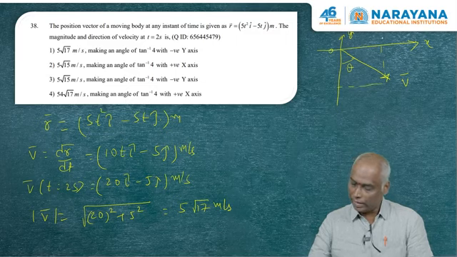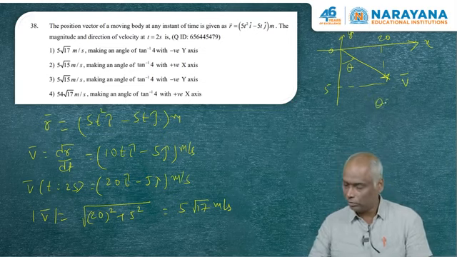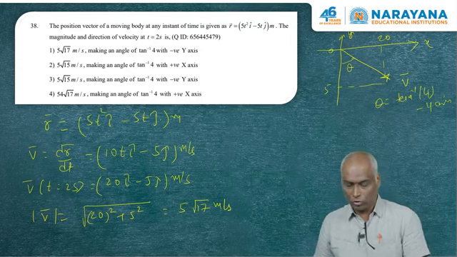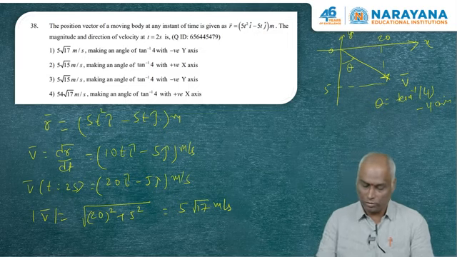The corresponding x and y components are 20 and 5, so tan theta equals 20 divided by 5, which is 4. So theta equals tan inverse of 4 with the negative y-axis. The option is 5 root 17 meter per second, making an angle of tan inverse 4 with the negative y-axis. So option 1.